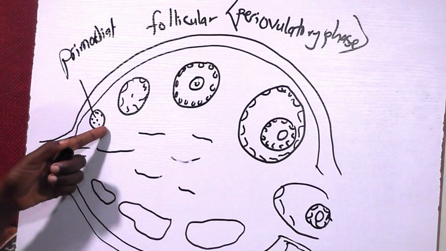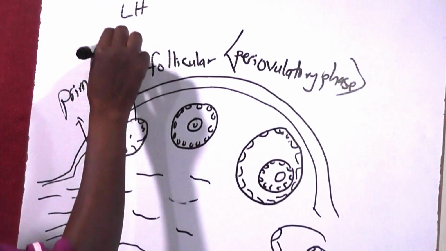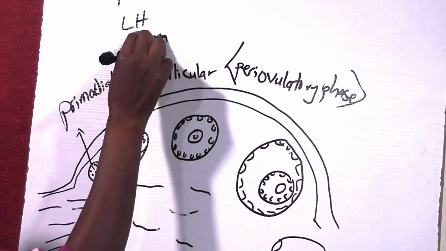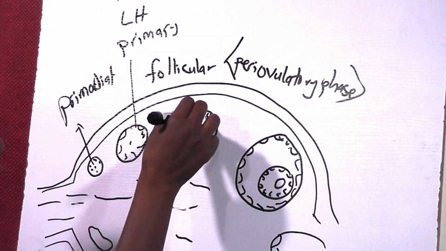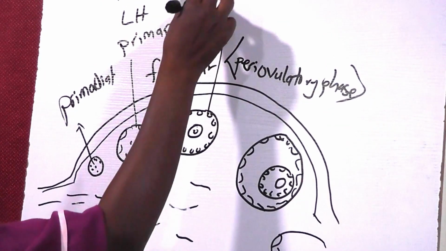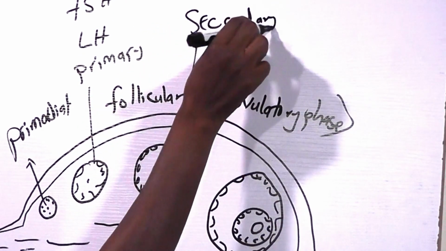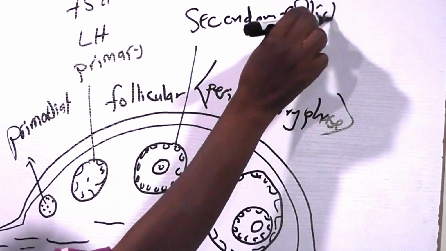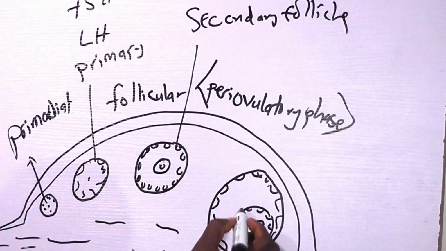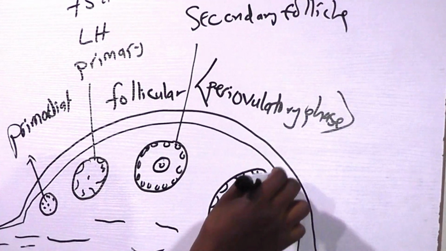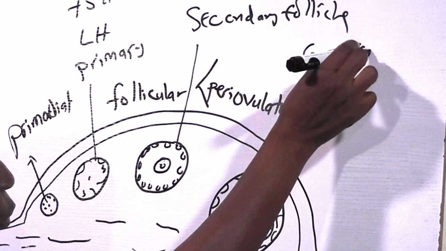Then the primordial follicle further develops to become the primary follicle. The primary follicle also develops and becomes the secondary follicle. Then the secondary follicle develops to a matured follicle, which is known as the Graafian follicle.